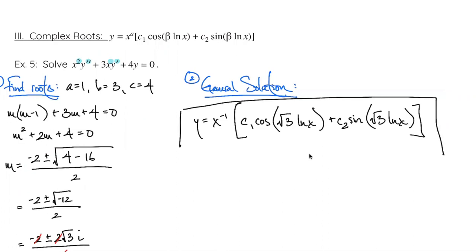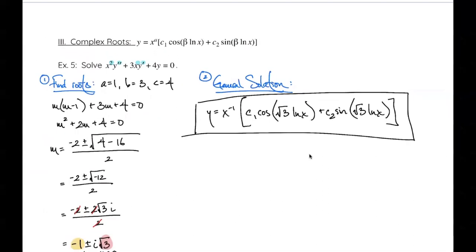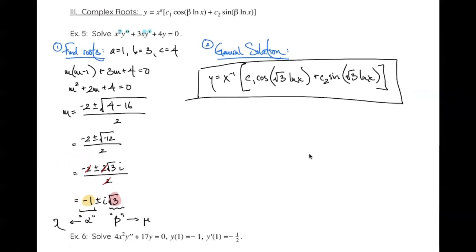So we can go ahead and put a box around that. We do not need to find C1 and C2 because we were not given any initial condition, all right? However, it does seem like we're going to need to find our C1 and our C2 in example number 2, okay? So let's take a look.